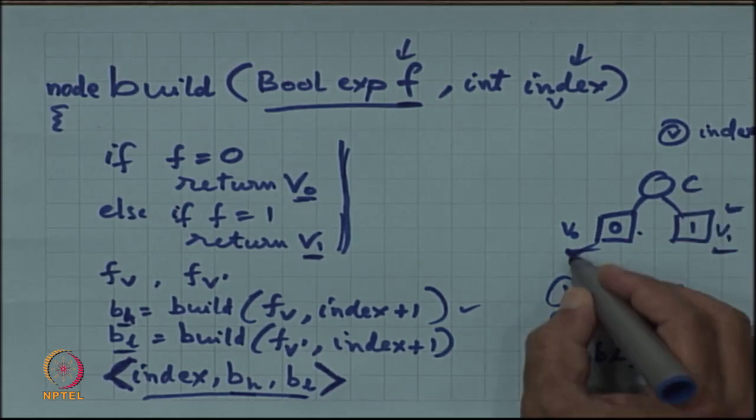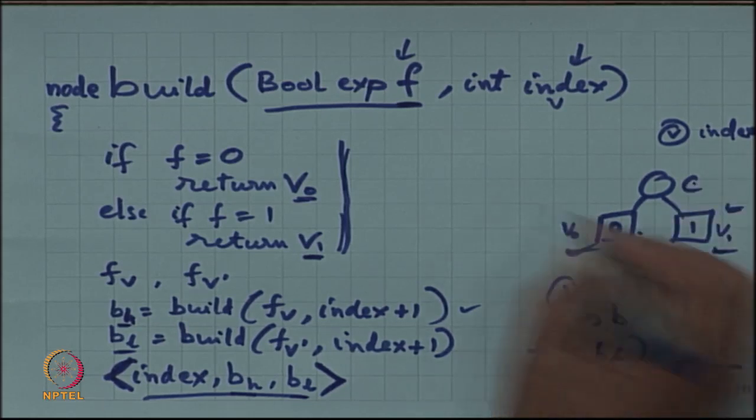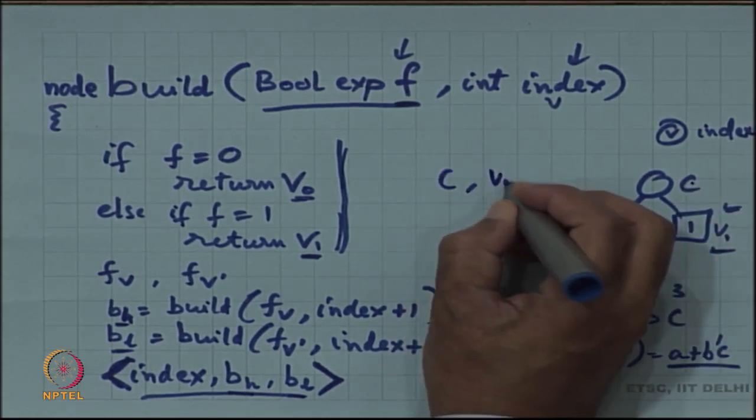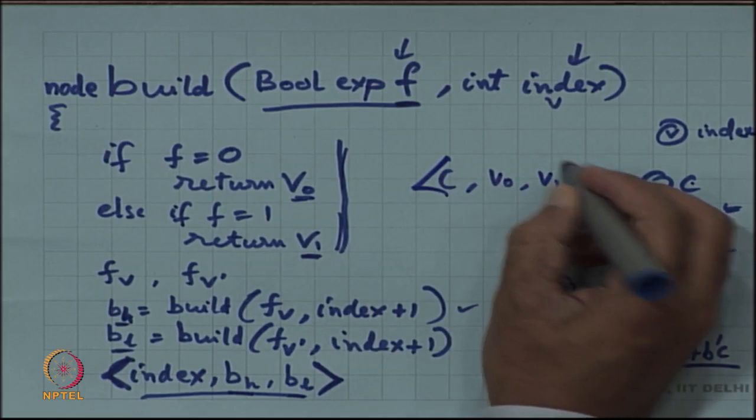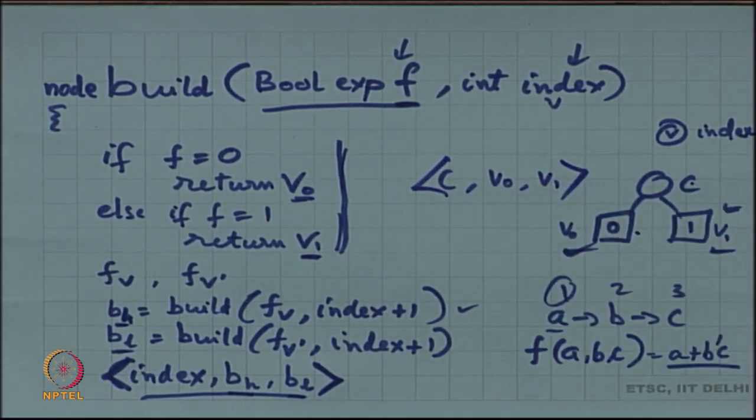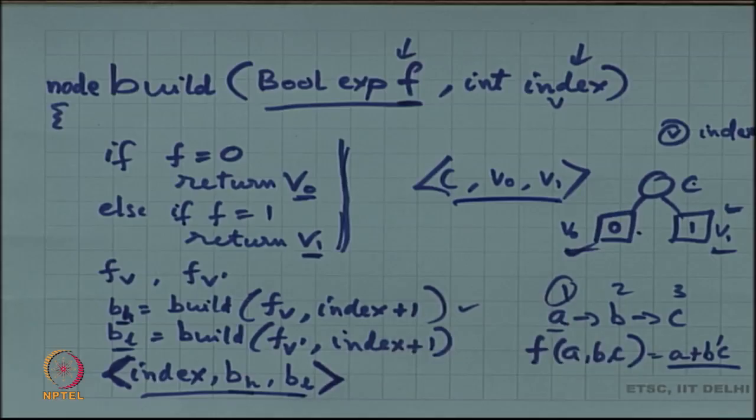So, it means that the first time you are looking for C V0 V1, you would not find it, you would insert it. But the second time you are looking for the same thing, you would find it, and therefore, there is no duplicate structure that is created, you would just return the same label. The strategy is clear, that is all that is there to this algorithm, there is nothing else.